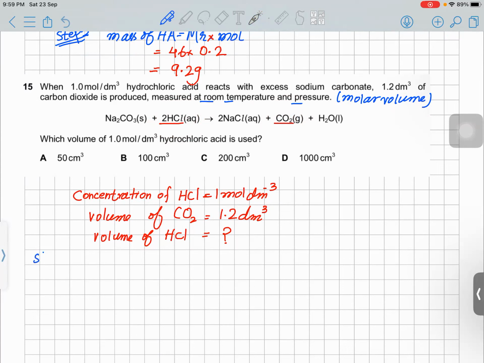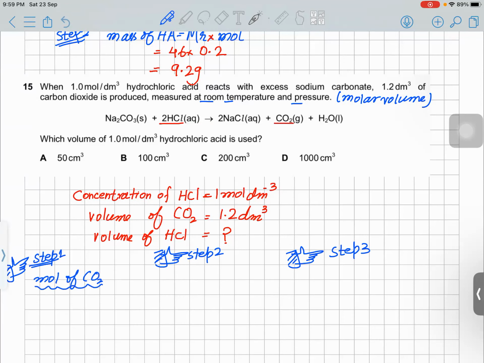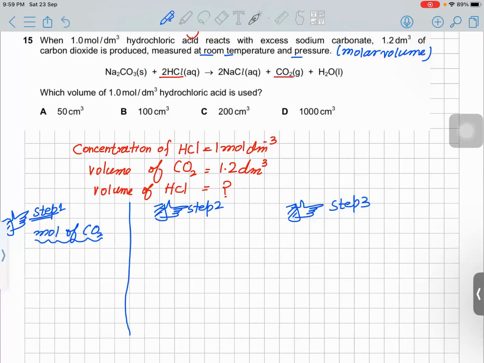Now look at step number 1, then step number 2, then step number 3. Step number 1, mole of carbon dioxide.